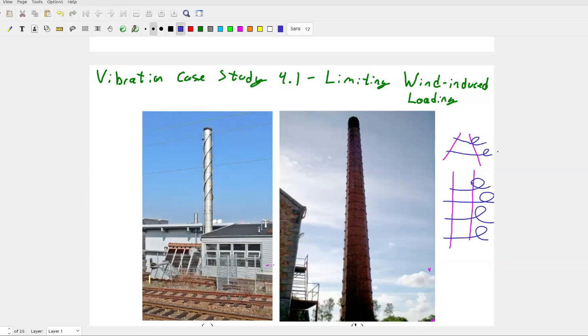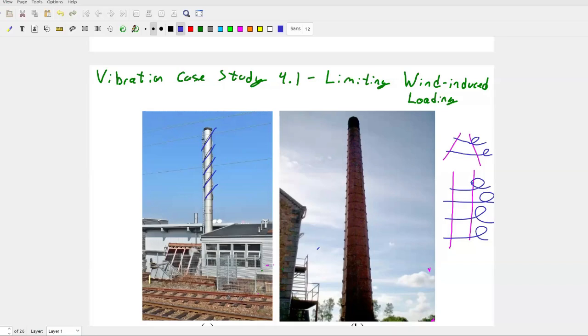When you move away from building smokestacks out of brick, you start to build them out of steel, and these spirals become another way to break up the vortices, right? They're slightly different solutions to the same problem. In one, you're breaking up the vortices and shedding them. In another, you're absorbing the energy at multiple frequency components, right?